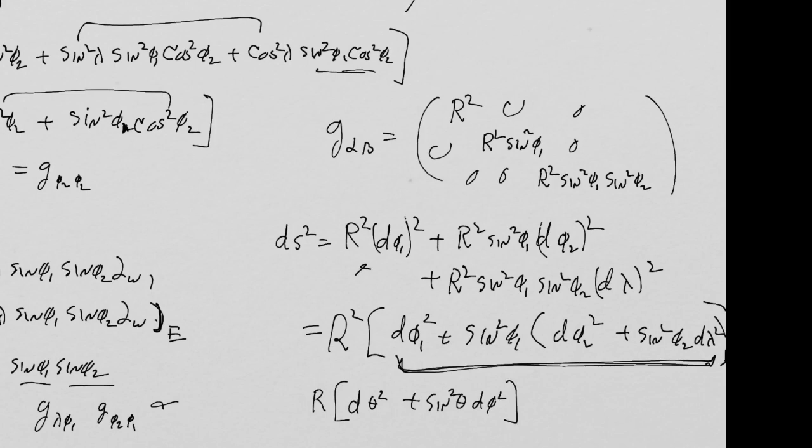And you can kind of see this is sort of the same, right? This takes the place of phi, and you see you have the sine squared of the other angle, right? This is a 0 to pi angle. This is a 0 to 2 pi angle. That's the 0 to 2 pi angle. That's a 0 to pi angle. So you have that.